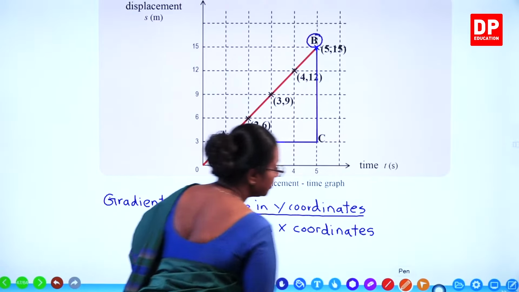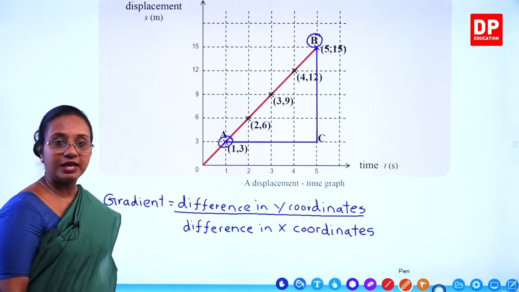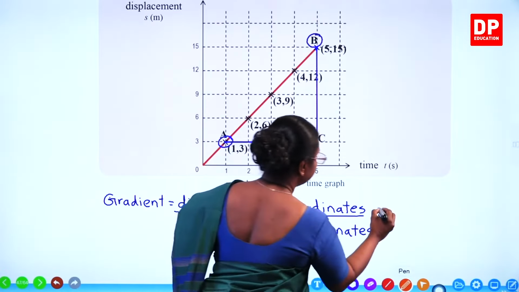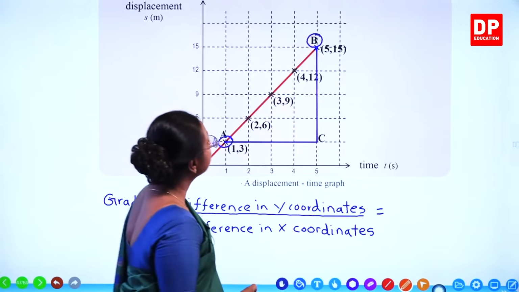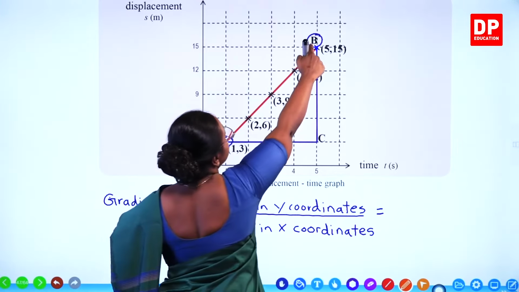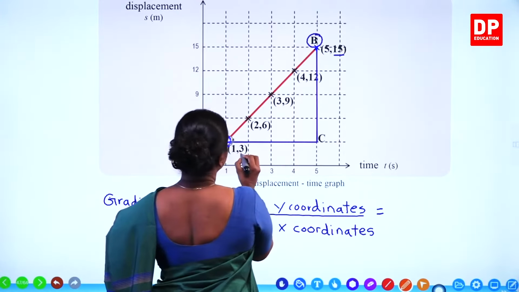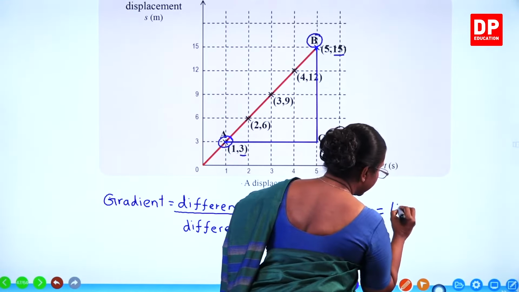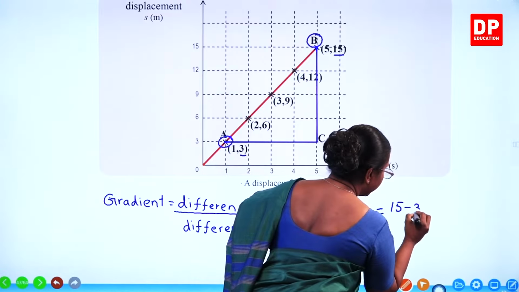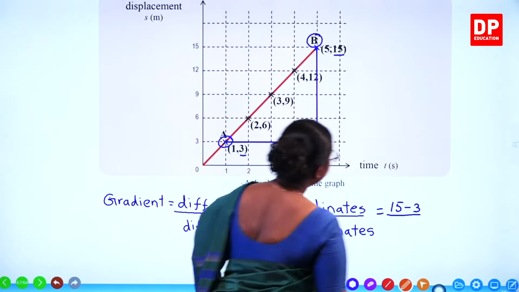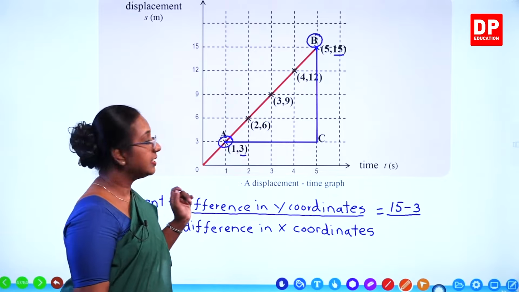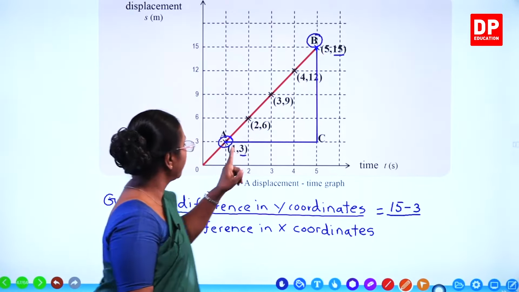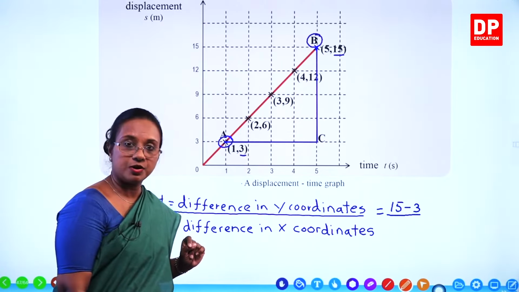Now we will substitute the values and calculate the gradient. As you can see here, when we say difference in y, here the value is 15, here the value is 3. So we will have to write it as 15 minus 3 divided by difference in x coordinates. You can see 5 for this point and 1 for this point.